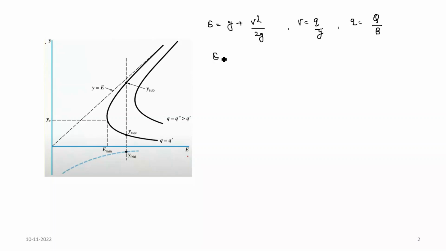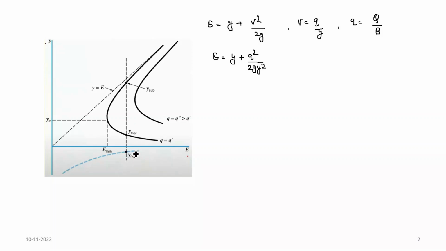If we rewrite this equation, E = y + q²/2gy². From this equation, we can say for a given E and q, this is a cubic equation in terms of y. This equation yields three values of y: y subcritical, y supercritical and y negative.